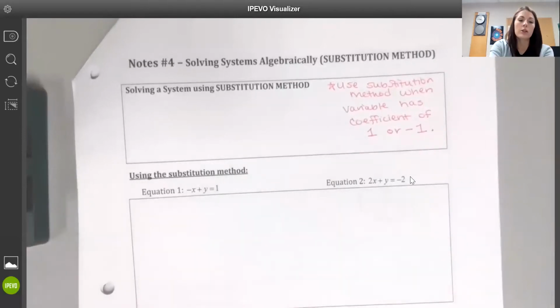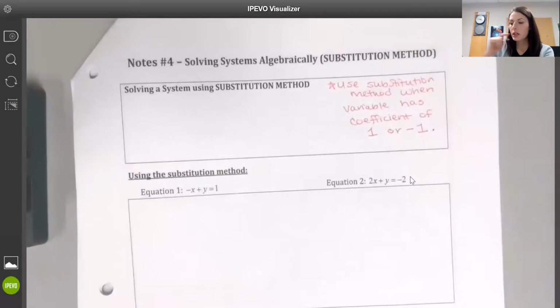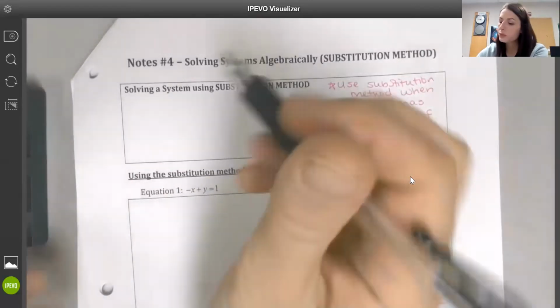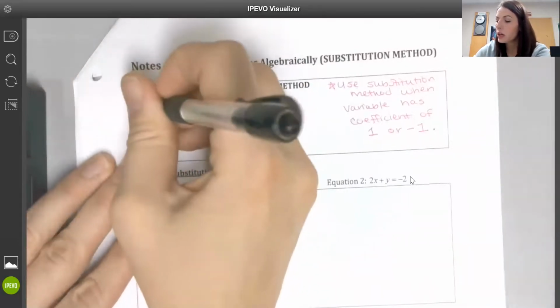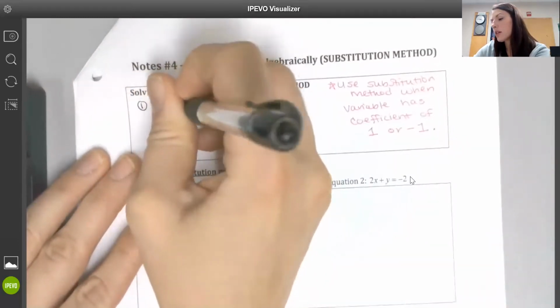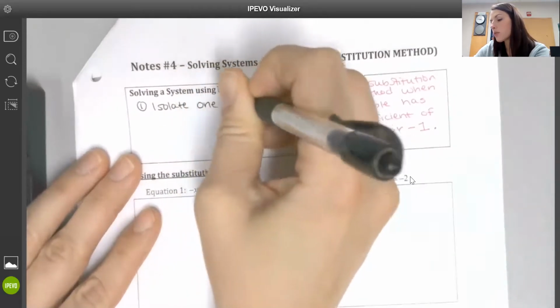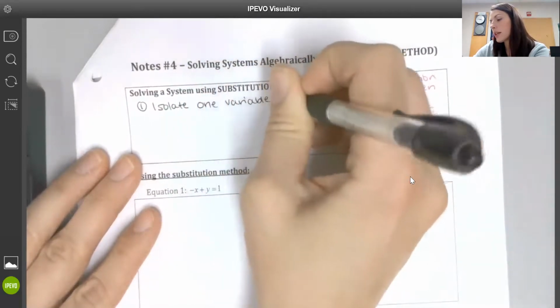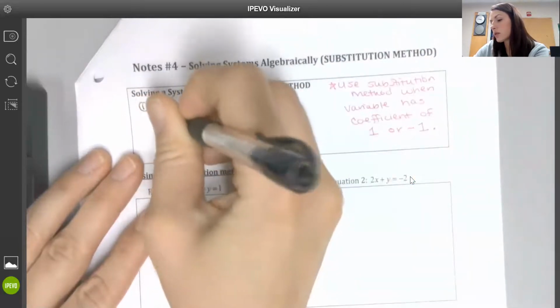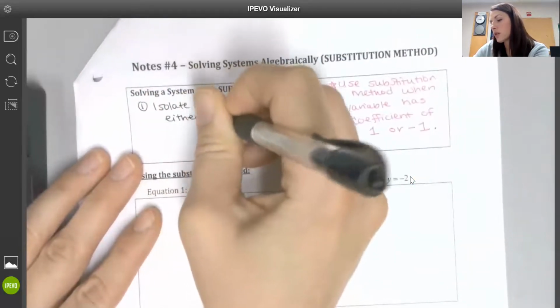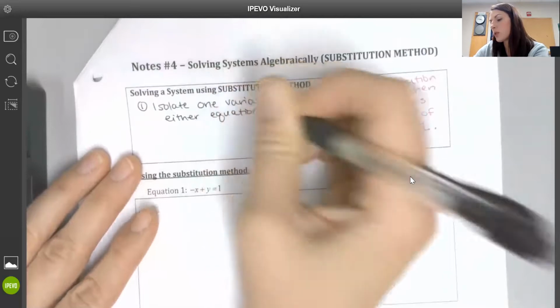Okay. So in order to do this, we're going to fill in our steps as we go here. The first thing we need to do is isolate one variable in either equation. So it's a system, and I have two equations.